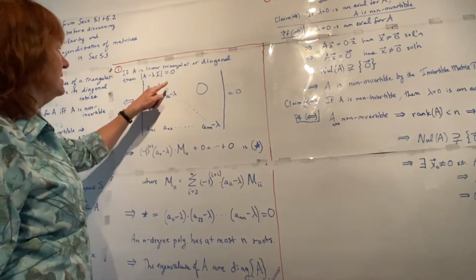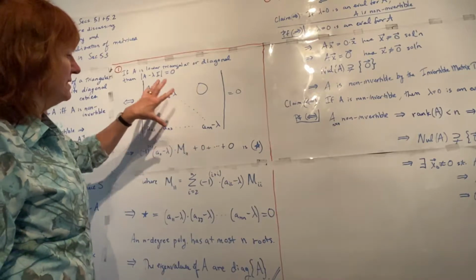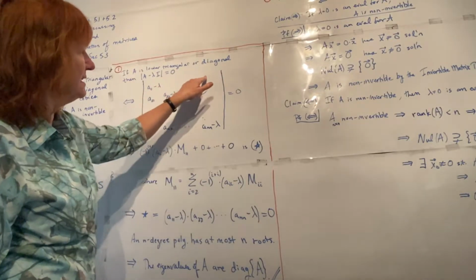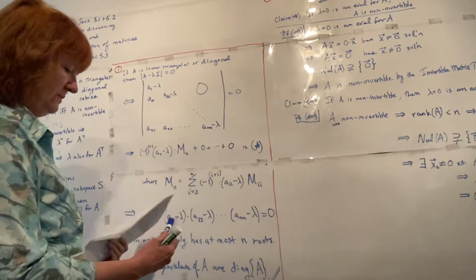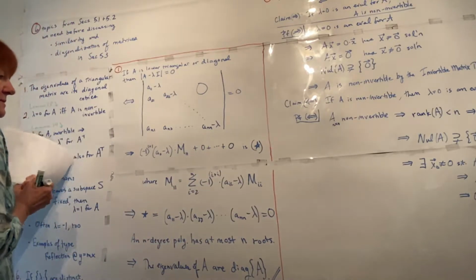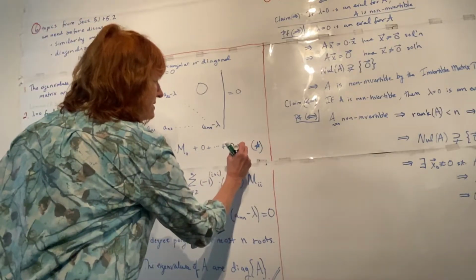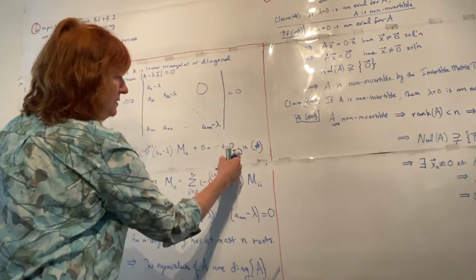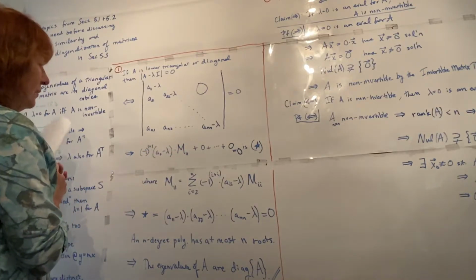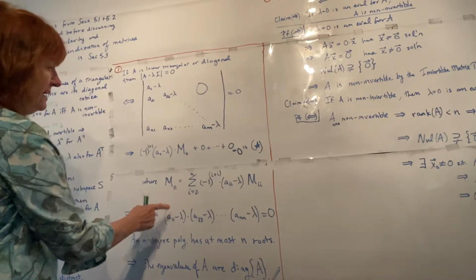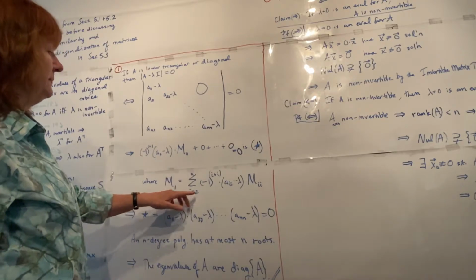Plus 0 times everything else, plus 0 plus 0. That's expanding along that first row. And so all this equals 0 is the first equation. That's what we're going to call the start equation.